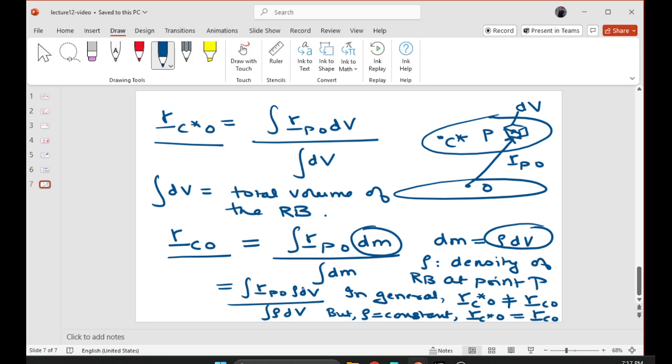And that is easy to see. If density is constant, it can be pulled out from the integral in the numerator. It can also be pulled out in the denominator.